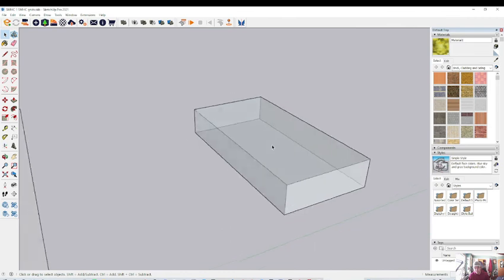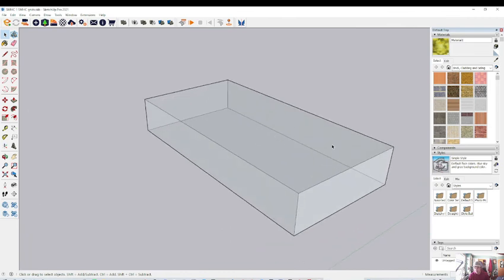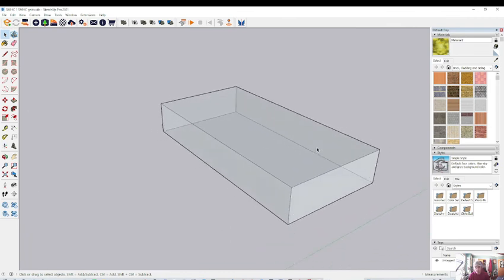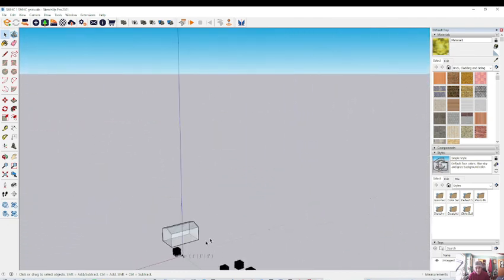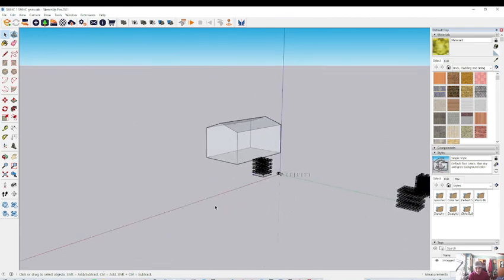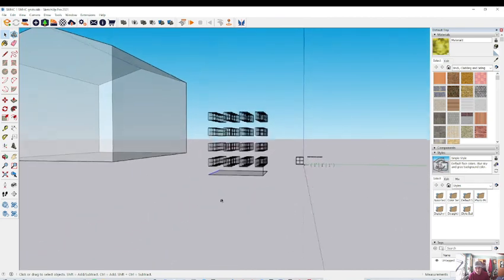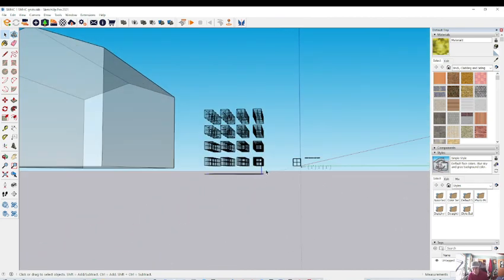Now maybe in this there's a counter, or maybe there are racks for clothes. So what I can do is utilize one of these grids. Like this.